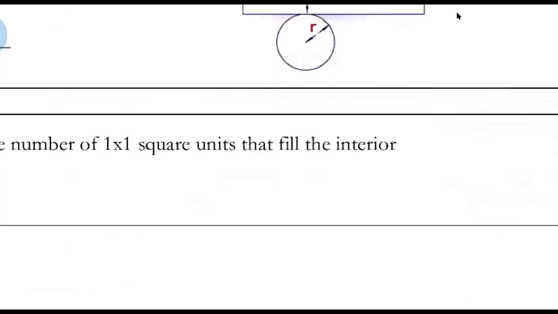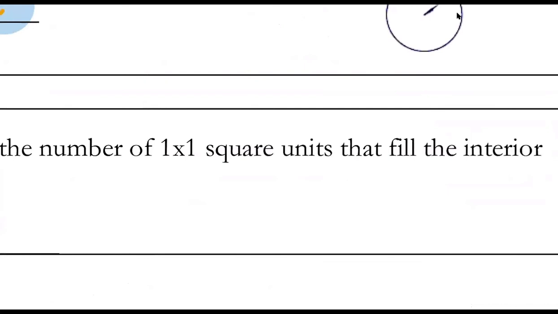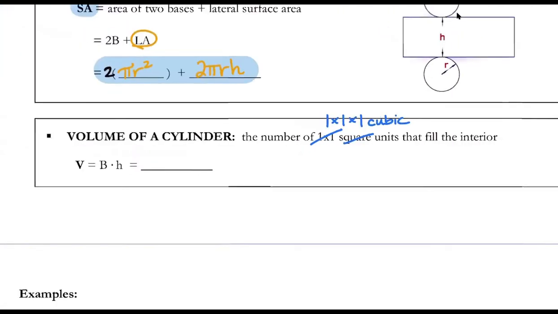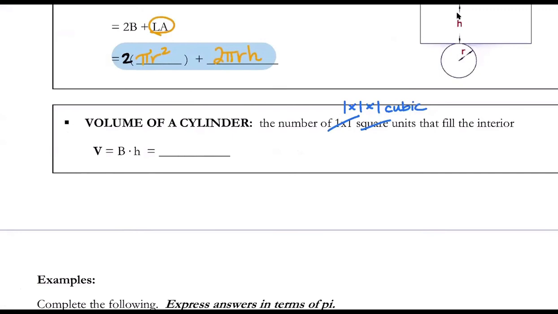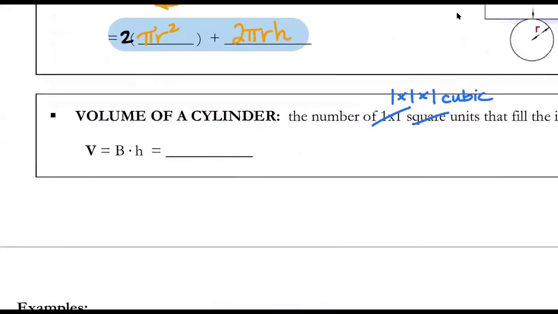Okay, and then for volume, oh, same typo here. It should be 1 by 1 by 1 cubic units that fill the interior. Okay, so the volume of a cylinder is area of the base times the height, just like before. But this time the area of the base, again, it's a circle, so it'll be pi r squared multiplied by the height.